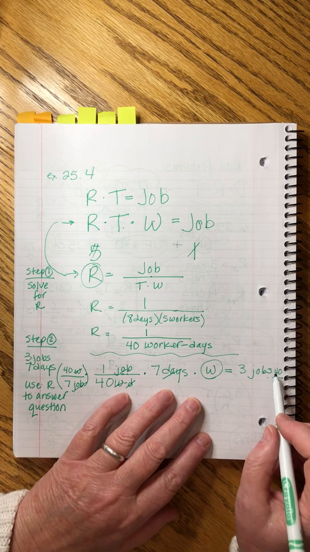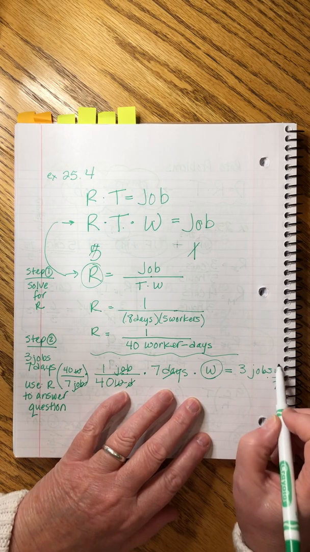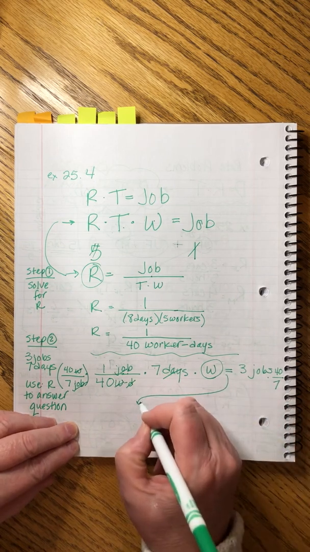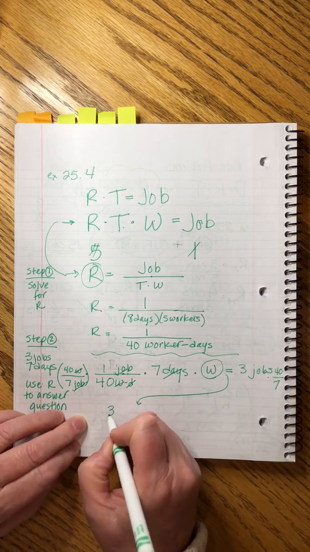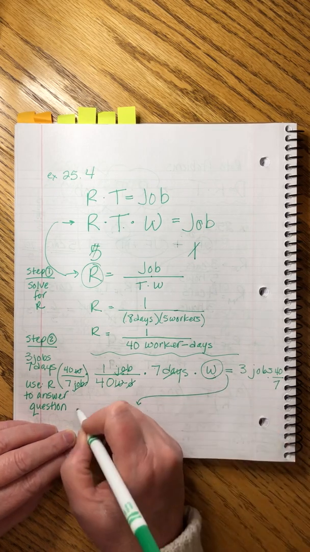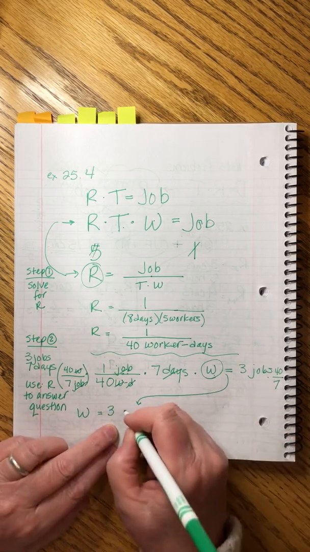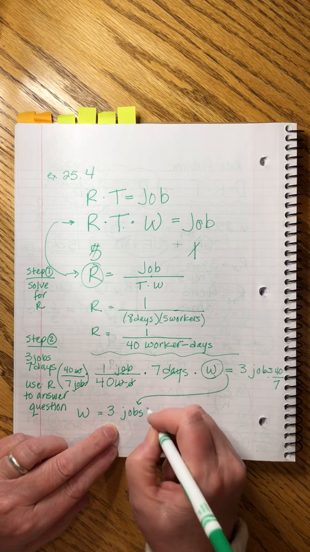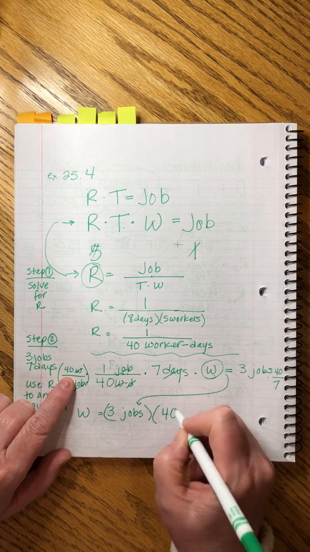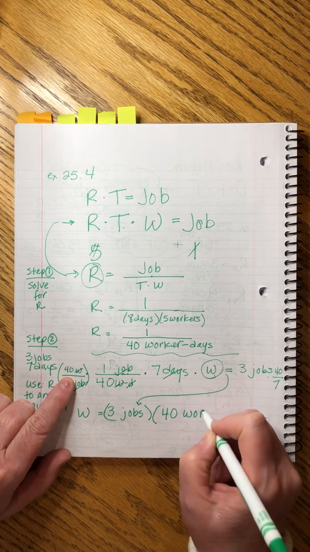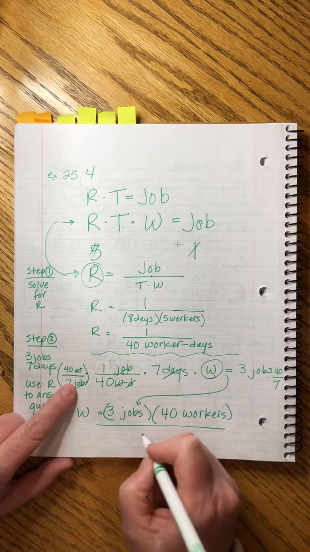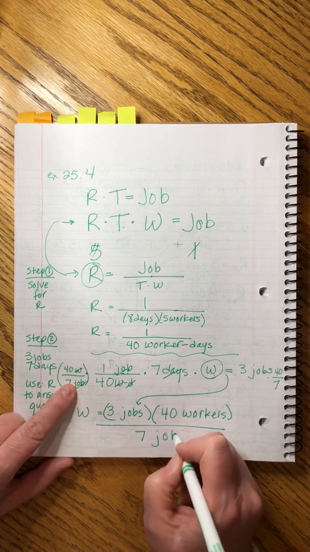And this is workers. Here, let me write it down here. I'm running out of space. It'll be W, the number of workers, equals 3 jobs. That's what was already there, times 40 workers divided by 7 jobs.